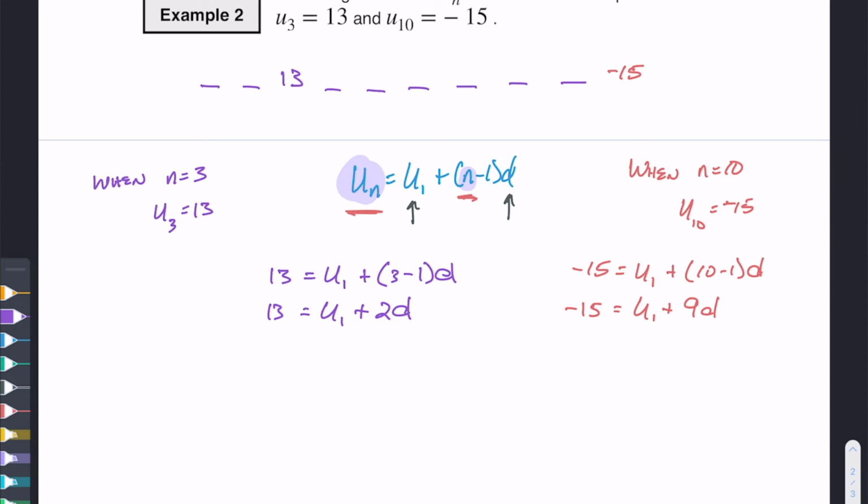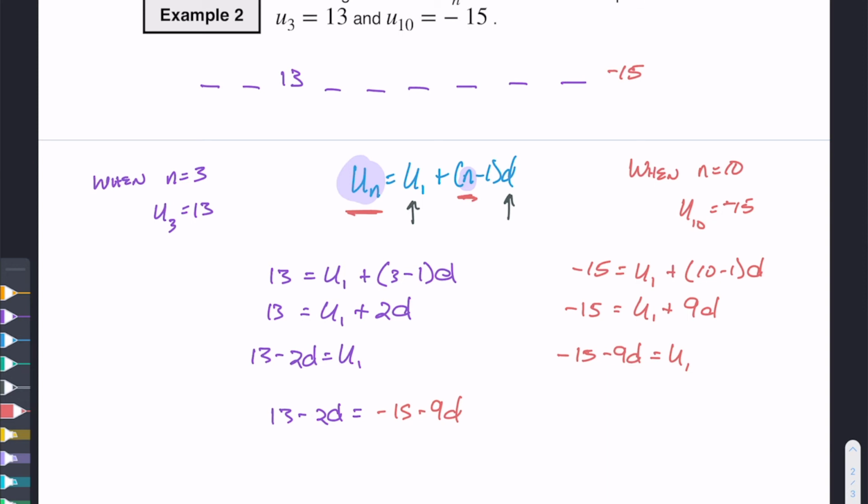So I'm going to take 13 minus 2d is equal to u of 1. And then I'm going to take negative 15 minus 9d, and that's also equal to u of 1. So therefore, 13 minus 2d is equal to negative 15 minus 9d.